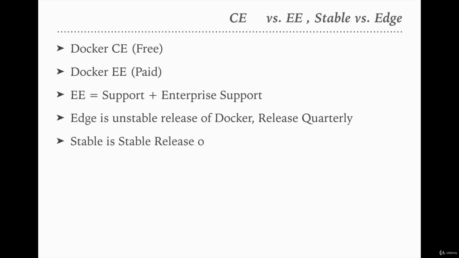On the other hand, a stable release is basically available with the enterprise editions. All enterprise editions of Docker are specific to a specific version of the OS or a specific cloud, and they have native support and native configurations. They also have the technical team support of Docker Inc. So this is all about Docker CE, EE, and the stable and edge release versions.